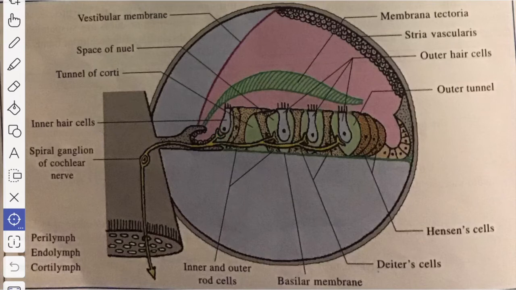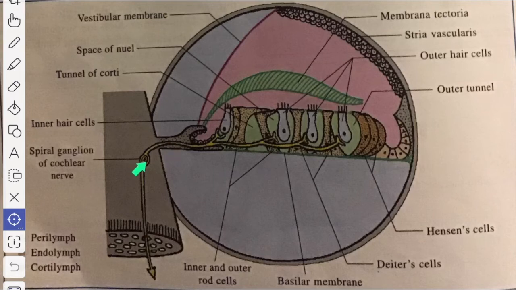The Hensen stripe is another area on its undersurface where the tips of the stereocilia of the inner hair cells are embedded. The peripheral fibers of the cochlear nerve ramify around the bases of the inner and the outer hair cells. The nerve fibers enter the modiolus after passing through the two tables of the osseous spiral lamina.